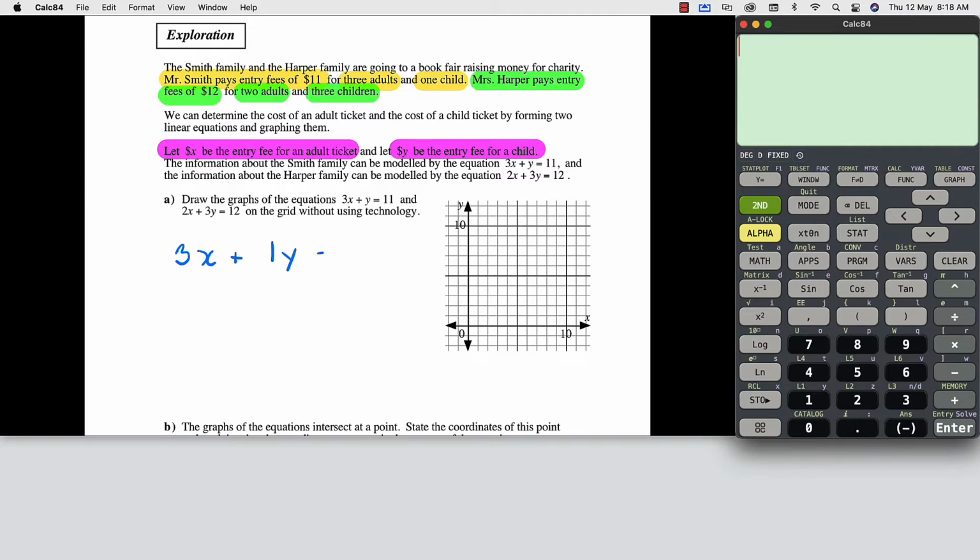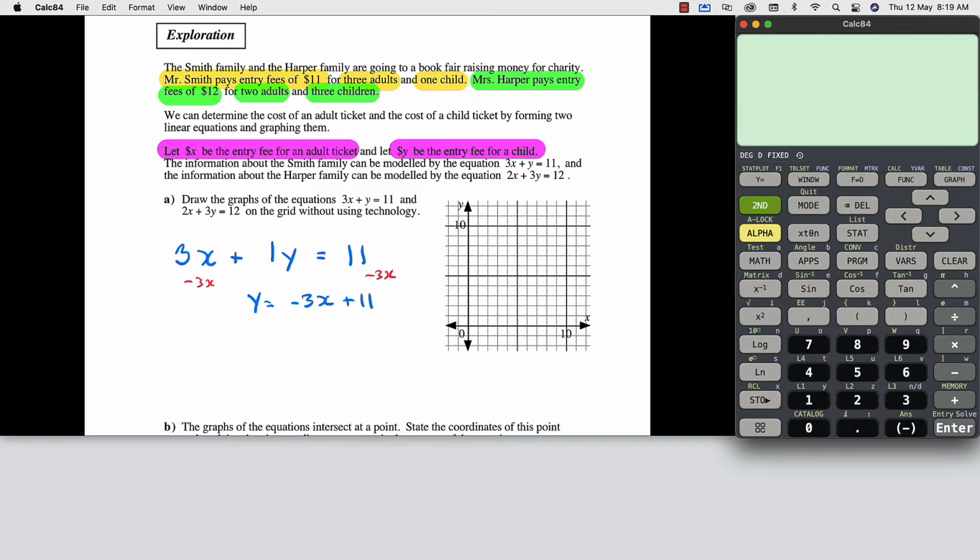And then the constant right here is going to be the total cost of all the adult and child tickets together. Now, if we're going to graph this, it's not in the right format. I would want to minus 3x, and we end up with y equals negative 3x plus 11.